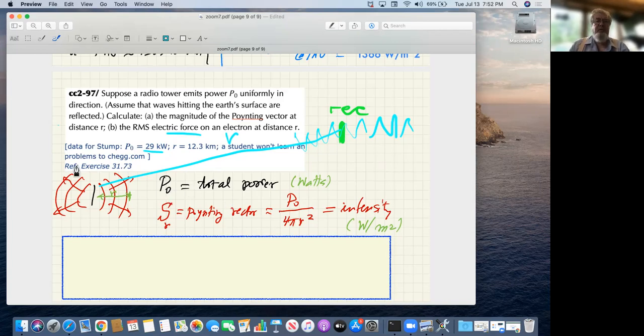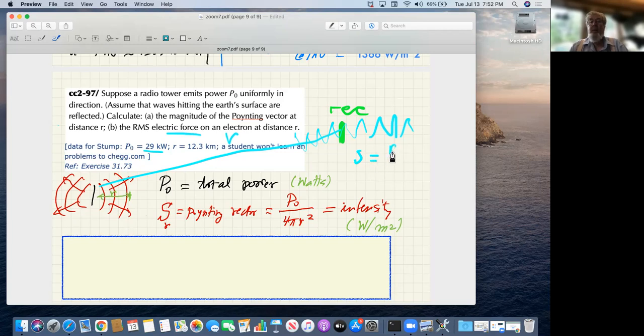All right, so P0 is given, 29 kilowatts. The pointing vector is the power per unit area. Now, all of this goes out into a sphere, and the area of a sphere is 4 pi r squared. So remember, the power intensity is the pointing vector.